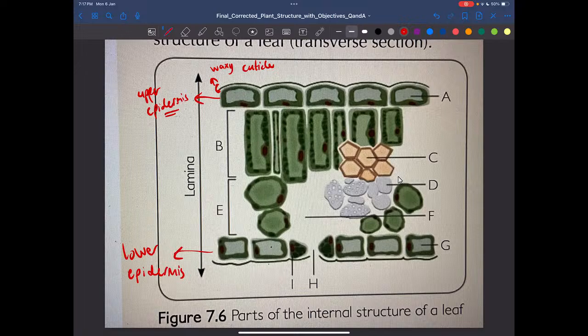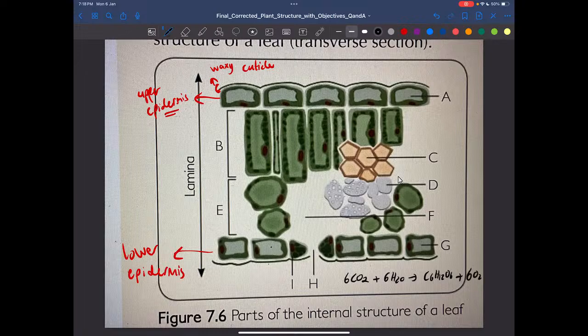Okay, so the plant doesn't want to be dehydrated, it needs water. Why does it need water? It needs water to perform photosynthesis. If you guys remember, the formula for photosynthesis was, I'll write it down for you. We need 6CO2 plus 6H2O, which gives us C6H12O6 and 6O2.